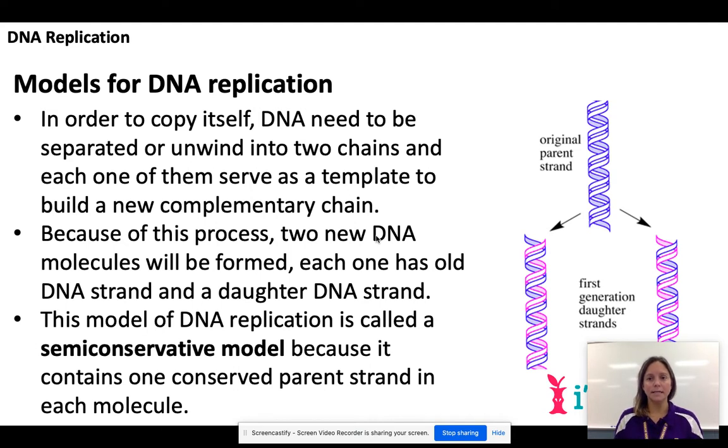What that means is that the original DNA molecule, which has two strands twisted together, will separate, and the two old strands are going to make a copy of themselves. So the newly formed DNA has an original parent strand and a new strand next to it. We call it semi-conservative because it conserves part of the original, and it's part new. So it's half old, half new.